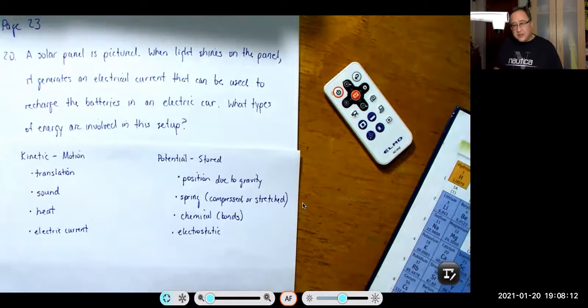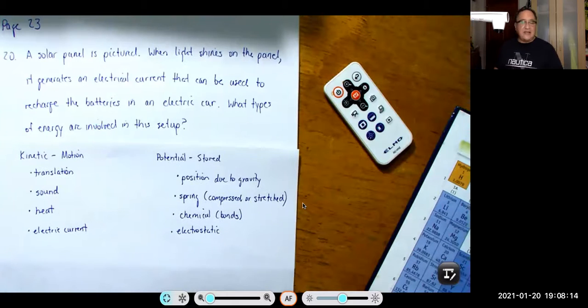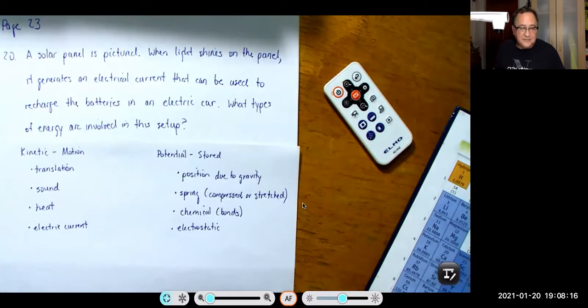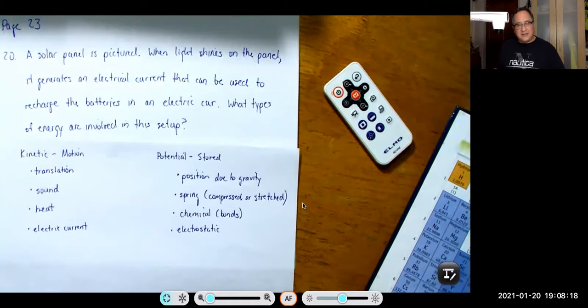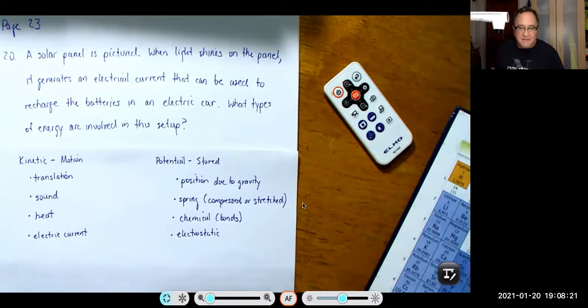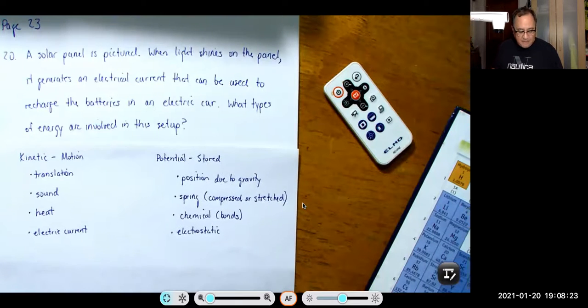So I did a little reading today. Is light energy? And I read this one guy who said, light is not energy because it does not have mass, which is the stupidest thing I've ever heard. Can light melt butter? What do you think?